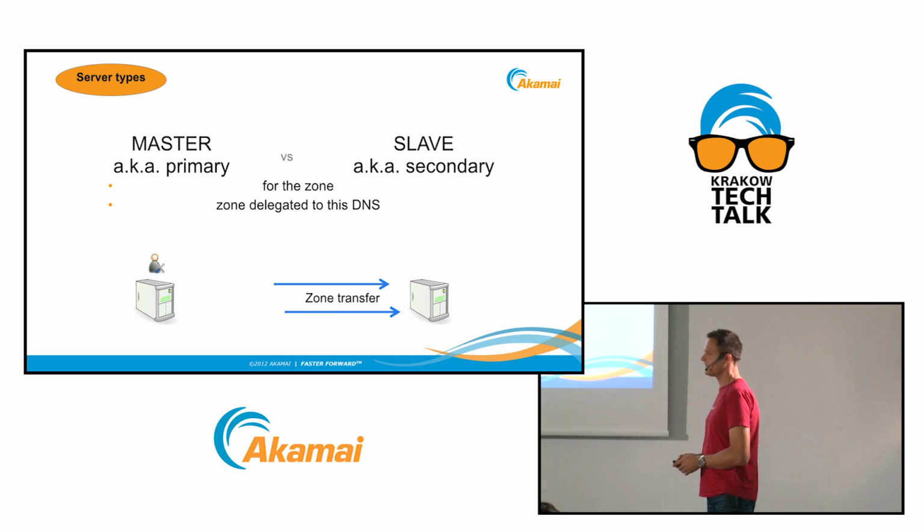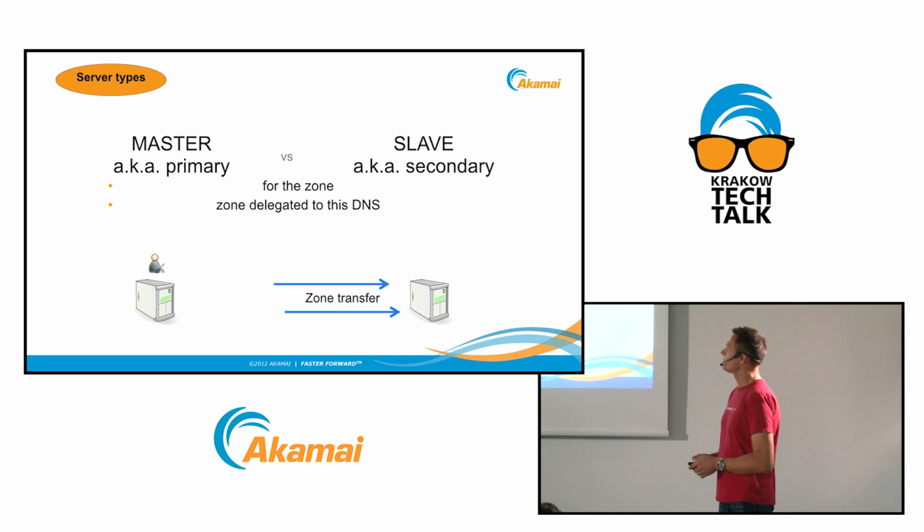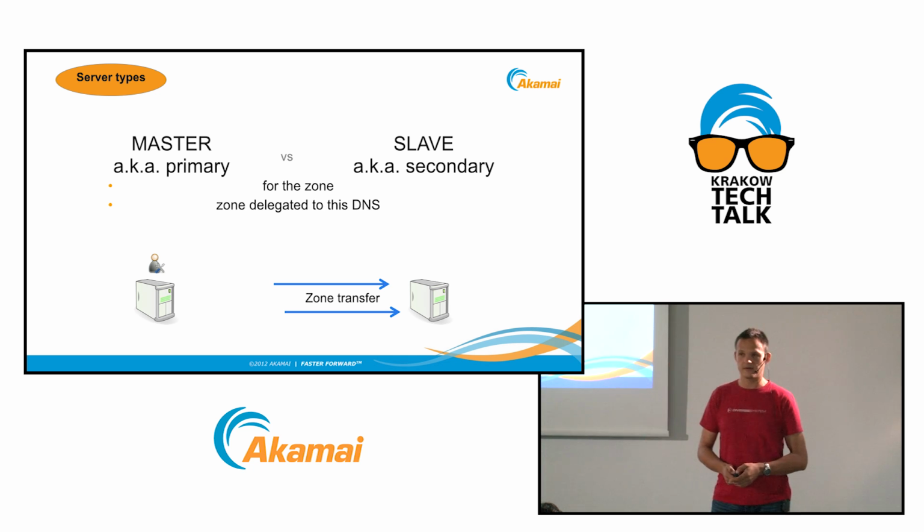Master is the one who is maintained manually by the domain administrator. There is no other way to update this one. Of course, you may have some UI on top of that, but still, the job has to be done by a human being. On the other side, we have slave, which is also known as secondary name server.